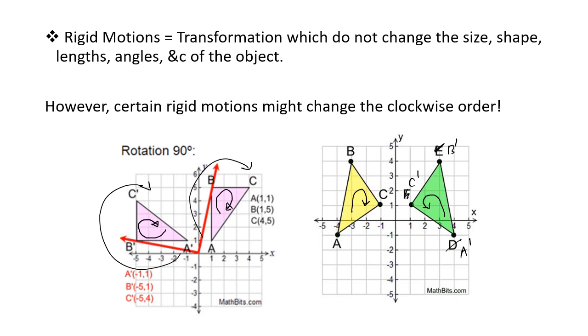The ordering of the vertices has changed directions, but that's okay. Don't worry an awful lot about that. There's a decent chance, if I didn't point it out, that a lot of you may not even notice or care. This is important for something that we're not going to really talk about in this class. But I just wanted to point out that it is a change that you might see in something that's still a rigid motion.